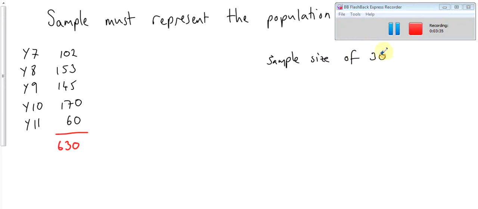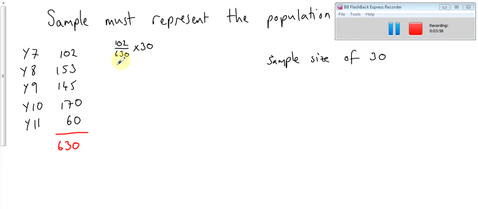And this is how I work out how many year 7s, 8s, 9s, 10s and 11s I need in my sample. I do it using simple fractions. So for the year 7s, I need the fraction, it's going to be 102 out of 630. So I need that fraction of 30.